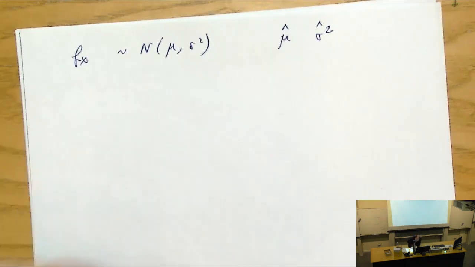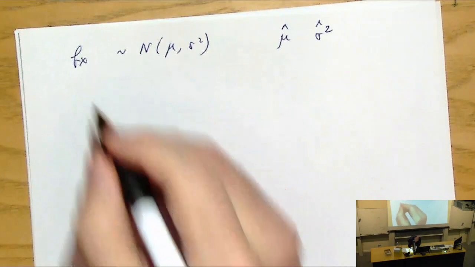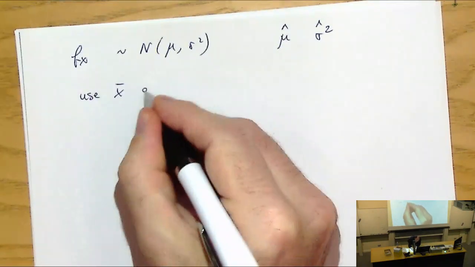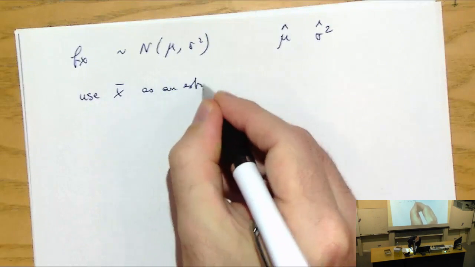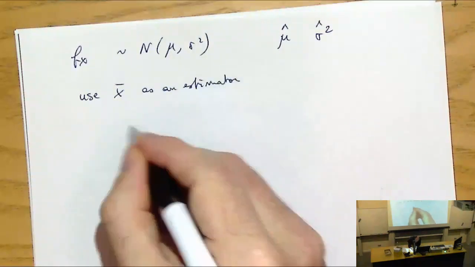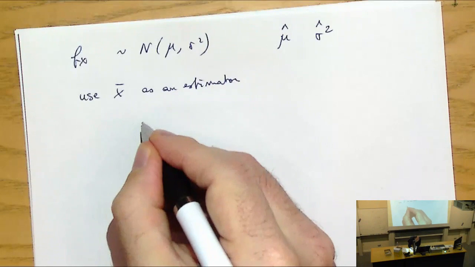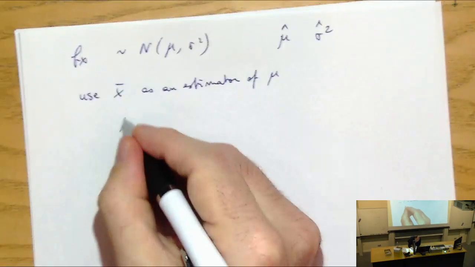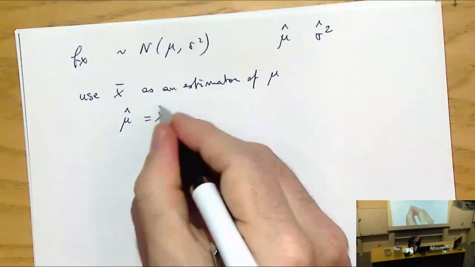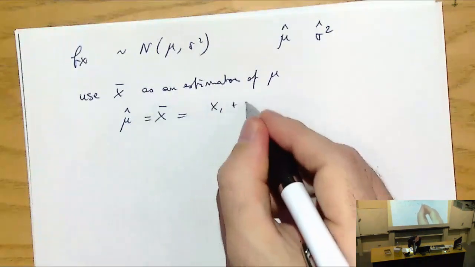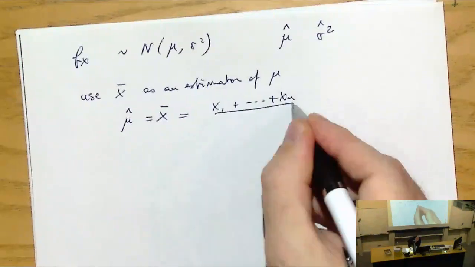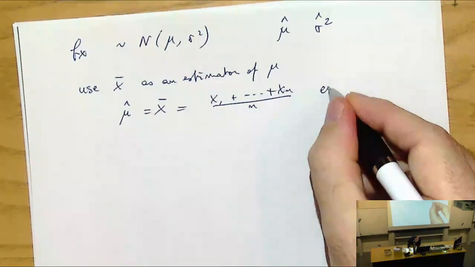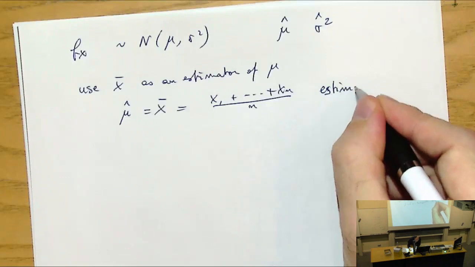So for instance, if I use x bar as an estimator of the mean mu, the estimator is x bar, which is the average of all those n random variables. That's going to be my estimator, so it's just a statistic.